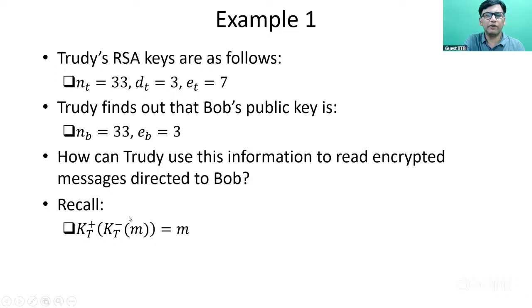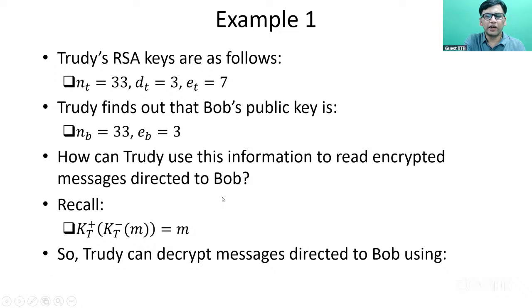So typically we first apply the encryption algorithm and then we decrypt. That is, we first apply the public key and then we apply the private key to decrypt the message. But if we use a reverse order, that is, first we apply the private key and then we apply the public key to the result, then still we get back the original plain text.